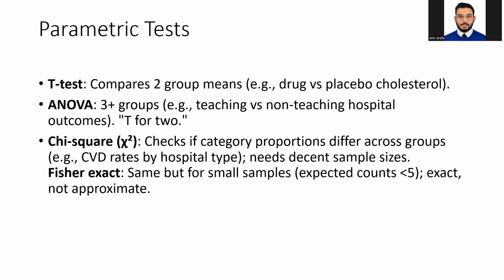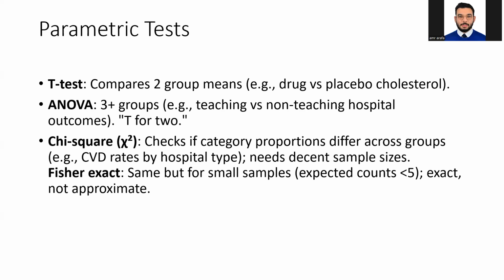But if what you're studying is categorical, meaning something binary like boys and girls, 1 and 0, something that doesn't really have anything in between, then you're going to use the chi-square. All right, and the Fisher is the same for small samples.